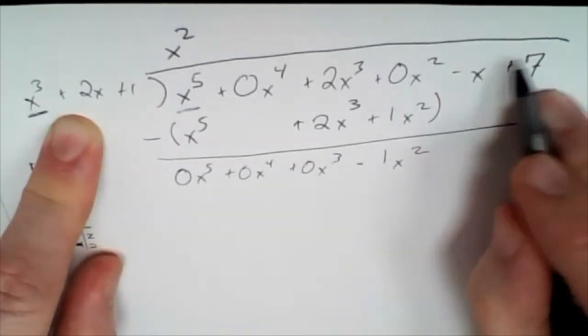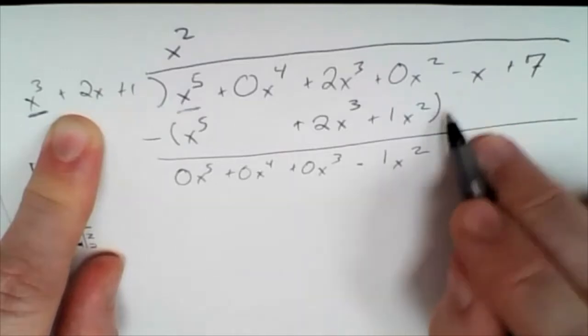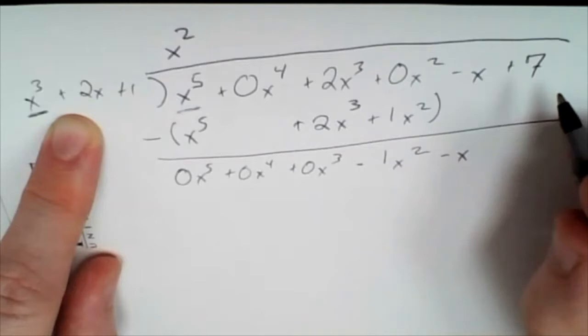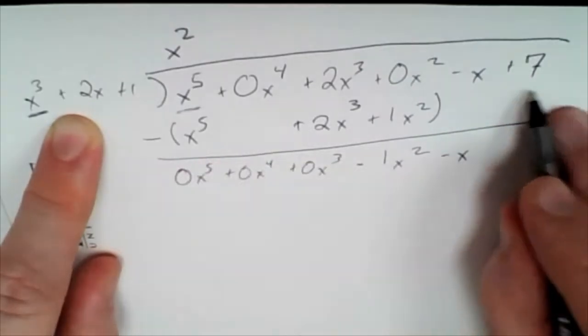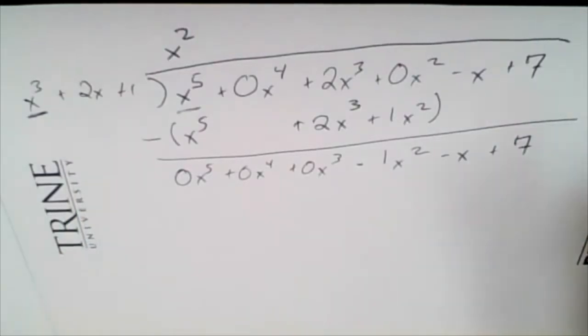And I have to take down the rest of this here too. So I have a minus x. I'm not taking anything away from it, so that is still a minus x. And I have a plus 7. I'm not taking away anything from that, so I still have a plus 7. So that's the first iteration here.